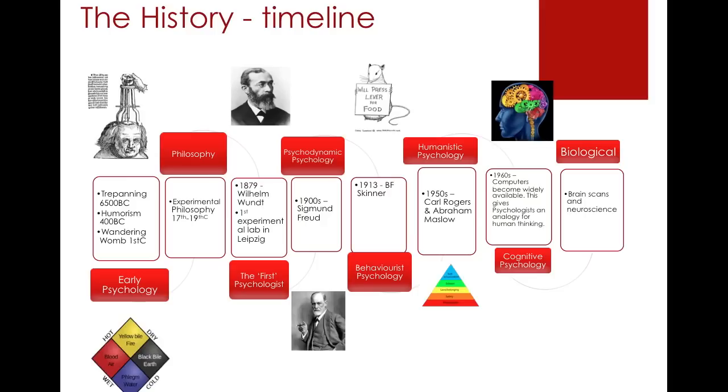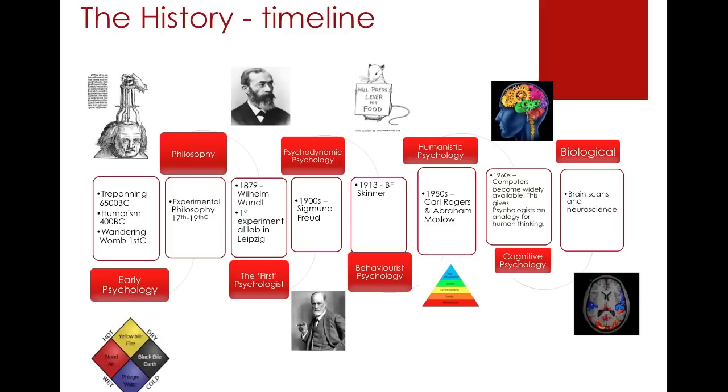And then the biological psychologists came in, and this is almost the new ground that's being discovered. Don't get me wrong, there are still psychologists in each of these different approaches, but this is how it's progressed over time, and the biological approach is one of the most recent, in terms of neuroscience and functional imaging, so we can see what areas of the brain are activated doing what tasks.